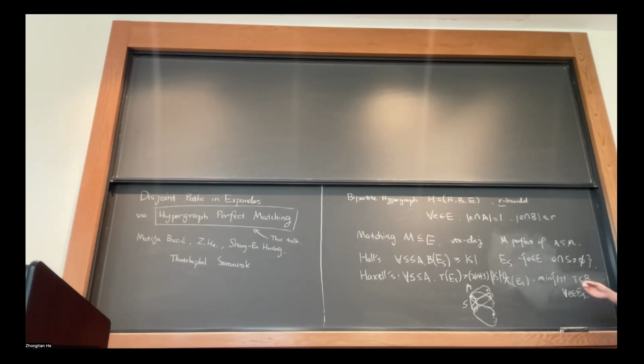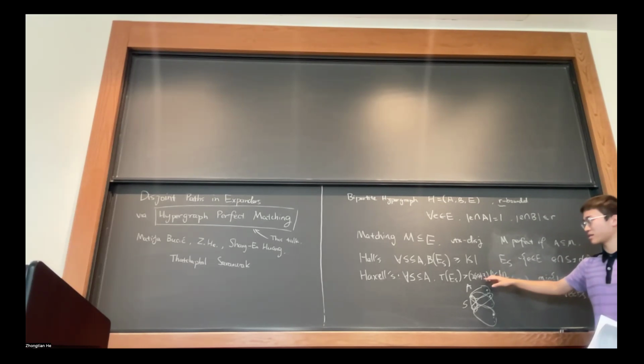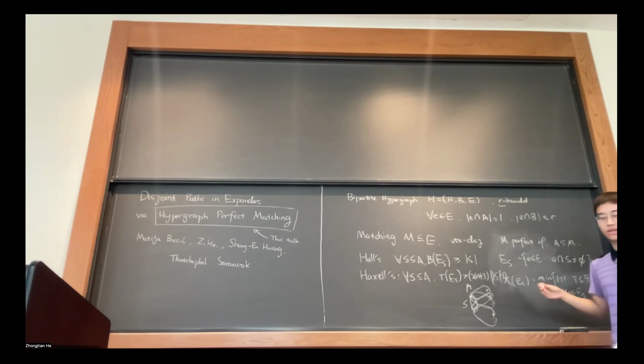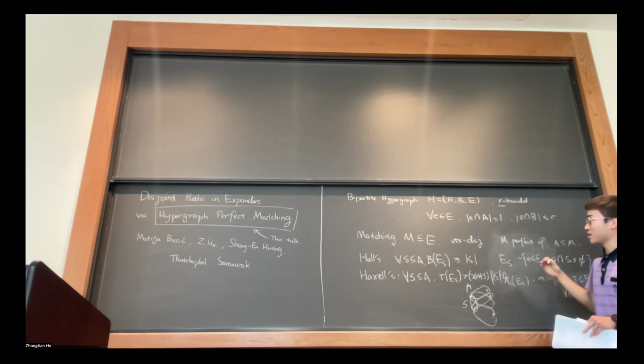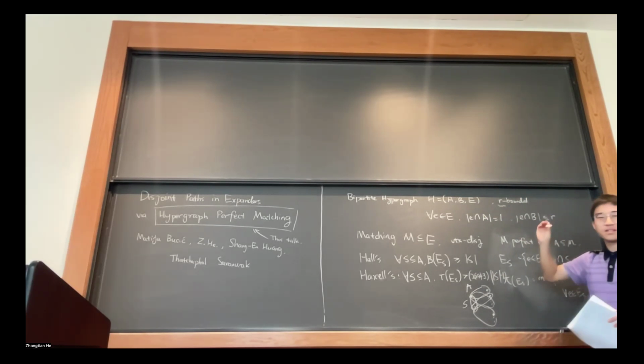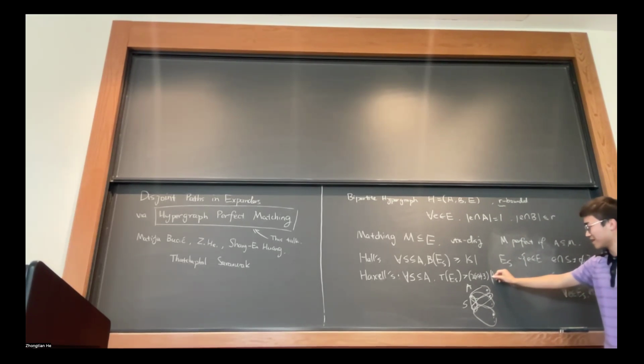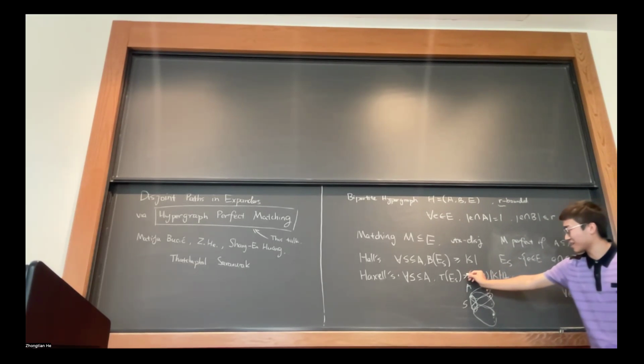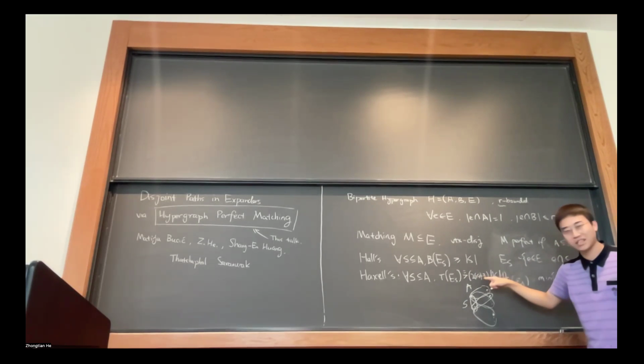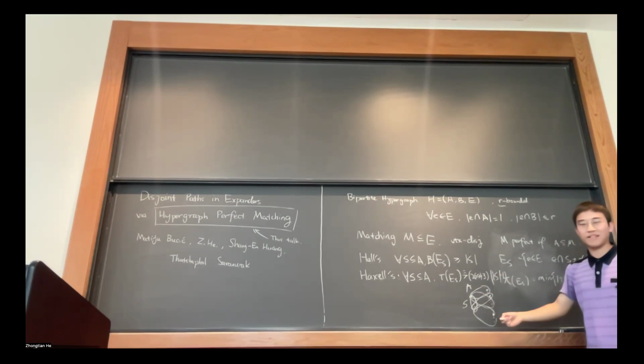Oh, sorry, are you asking why this is necessary? Yeah. Then for any n and r, there exists a hypergraph that is very tight. Even if this is equal, you still don't have a perfect matching.